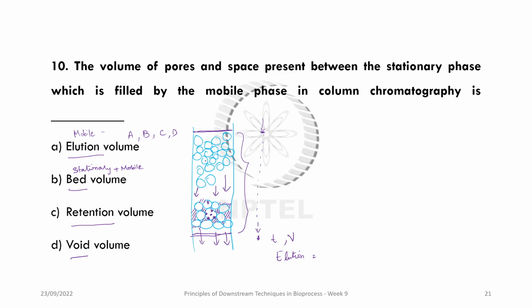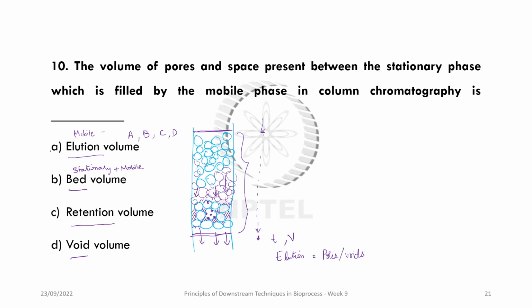Because the mobile phase is just filling these gaps and coming out. Please remember that it is there throughout. I just took out a specific area, but throughout the bed you have the packing material. Elution volume will be equal to the pores or voids within the column of the stationary material packing.